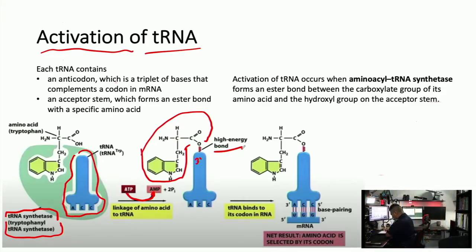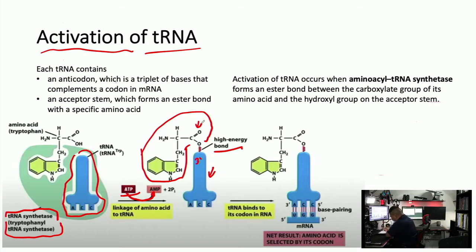It's high energy, and that's why you need to use ATP to do it. But high energy because you need that bond to be able to be broken easily, so that you can detach this tRNA, so that you can attach this amino acid to another amino acid in protein synthesis.